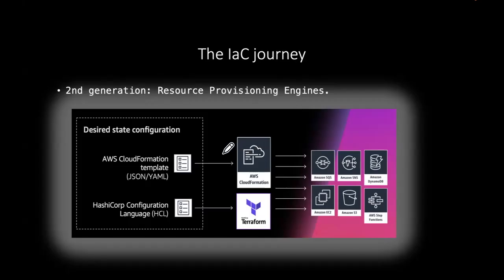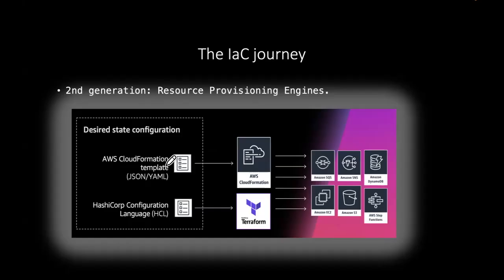Again, I'm assuming people are already familiar with this, but I'm reminding you. The resource provisioning engine is just a separate service. What you do as a developer is you describe, or declare, the infrastructure that you require to be created in a configuration file of type YAML or JSON.